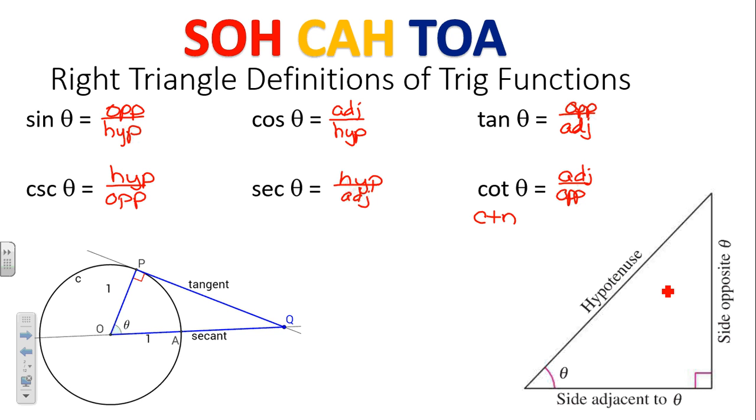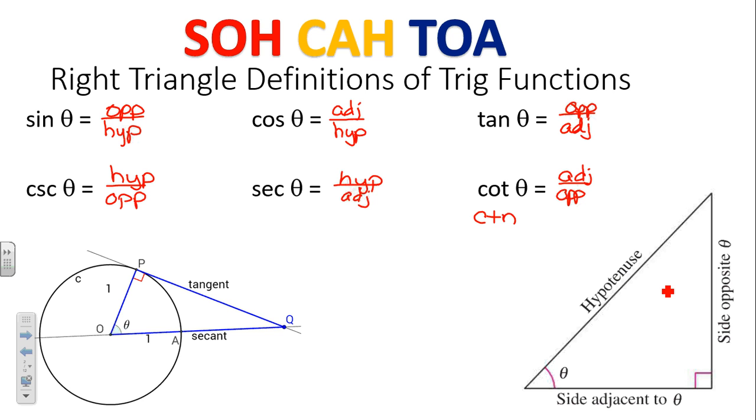Okay. Tangent and cotangent are complementary as well. So if I know the tangent of 45 degrees, I know the cotangent of 45 degrees. And if I know the tangent of 30 degrees, I know the cotangent of 60 degrees. Okay? So I can save you a lot on memorization.